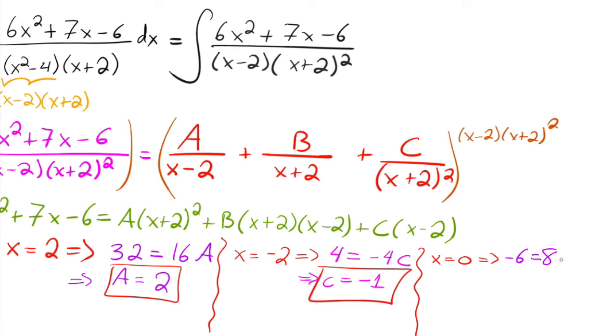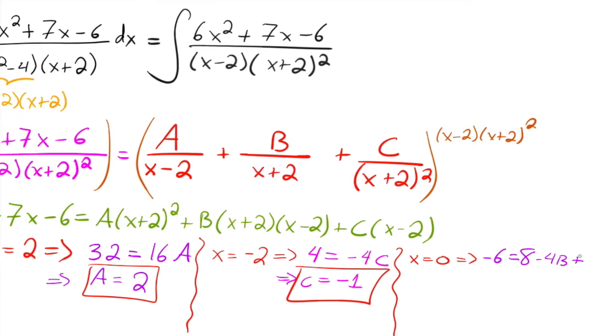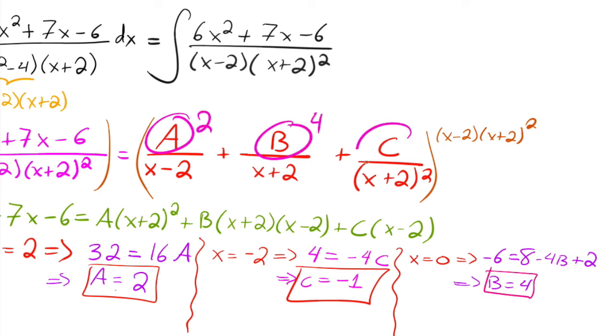And then here you get minus 4B. And then plus, C is negative 1, so this last one is going to be plus 2. In that case, you get that B is equal to 4. Okay, so you have your coefficients. A is 2, B is 4, and C is negative 1.